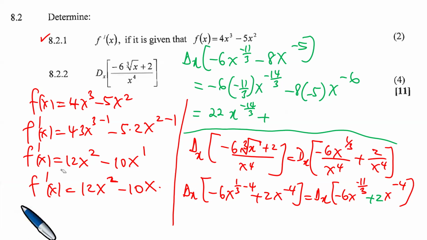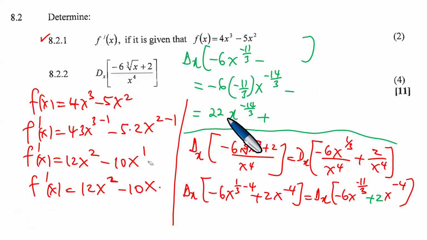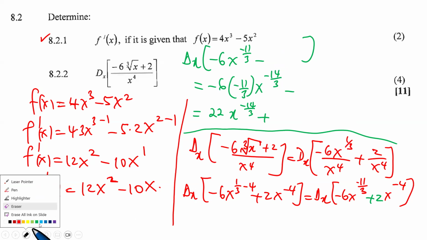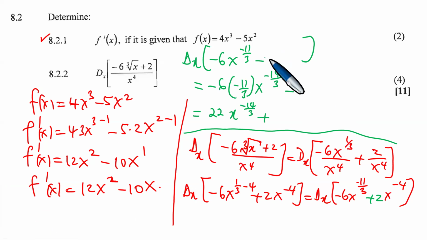So let us come here. Total mix-up. So this is exactly 2 minus 4x to minus 5. Check that one.